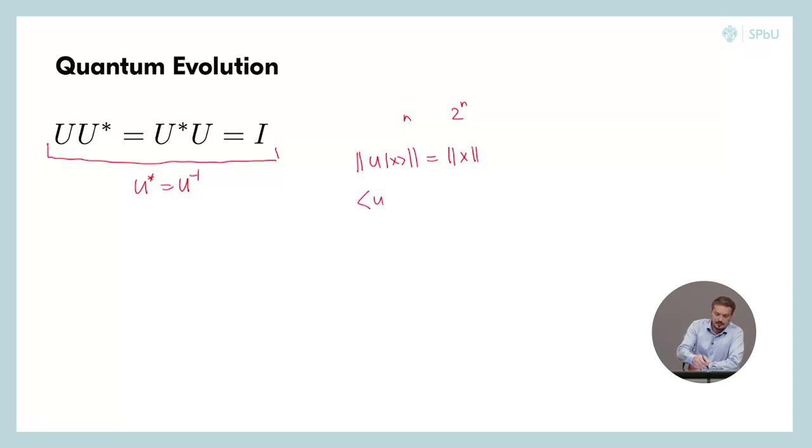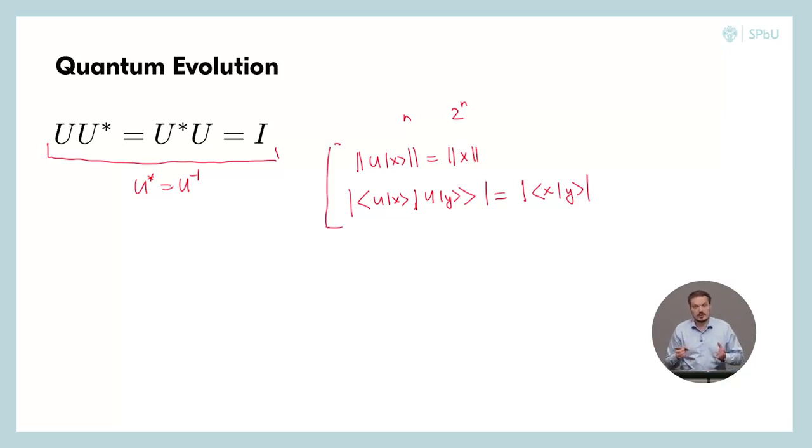So if we have Ux and Uy, the inner product is just the inner product of x and y. And this, along with linearity, is sufficient.